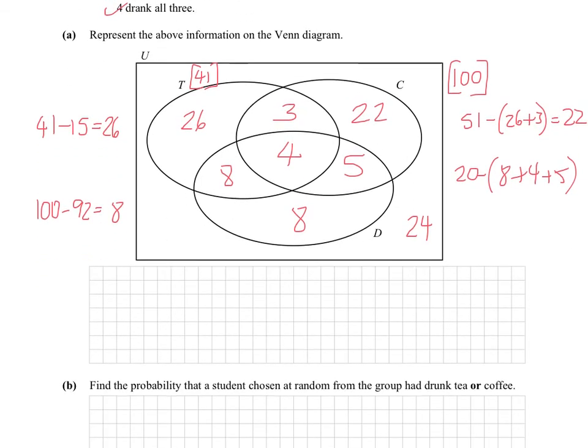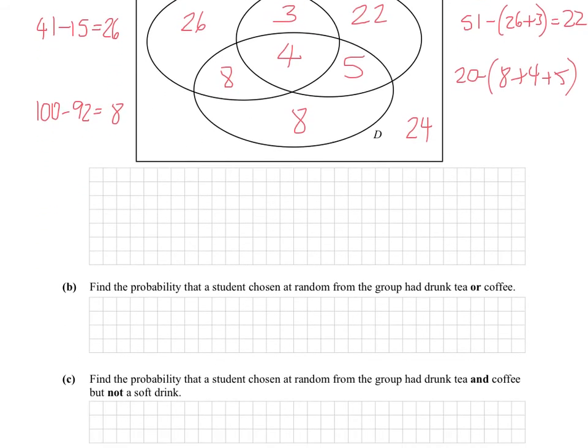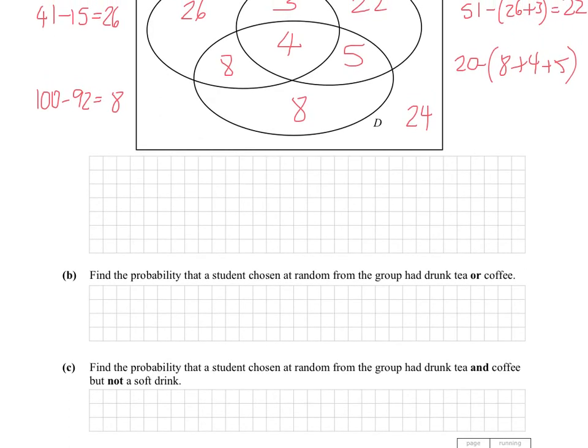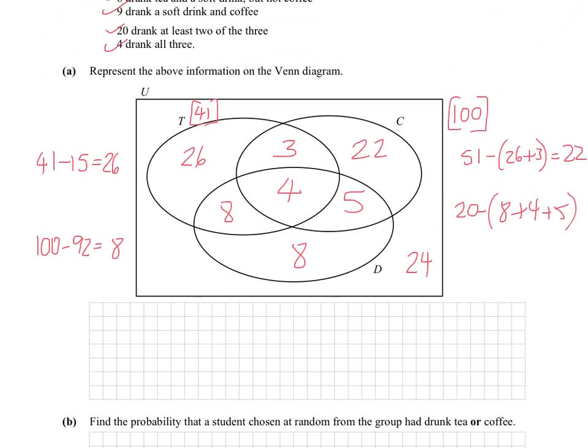And so, moving on to those sections, find the probability that a student chosen at random from the group had drunk tea or coffee. So tea or coffee is the union of those 2 sections, and it's a case of just adding up those values.